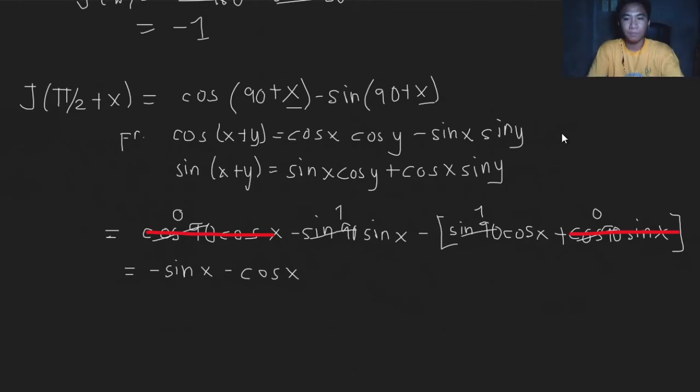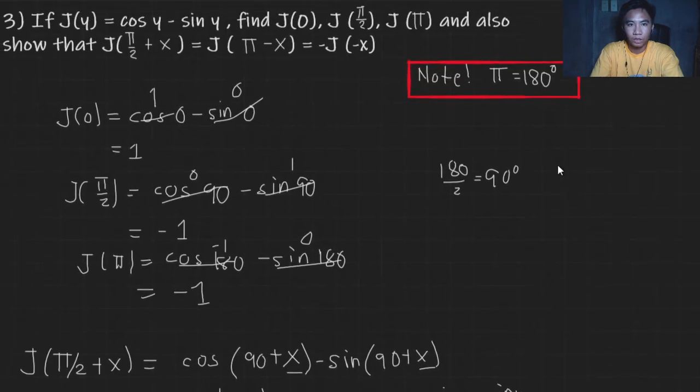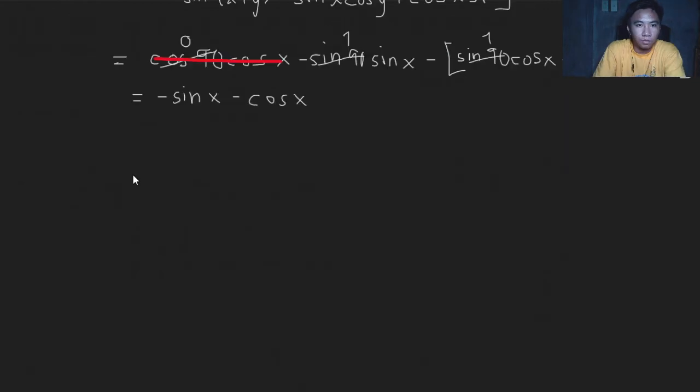And then, the next one is j pi minus x. The solution, j pi minus x is equal siya sa cosine pi minus x kapag sinubstitute, no? Minus sine pi minus x.